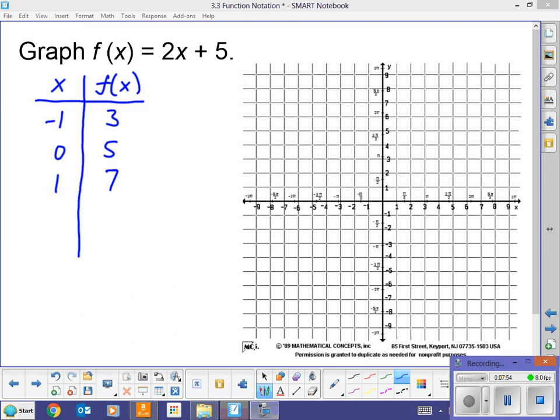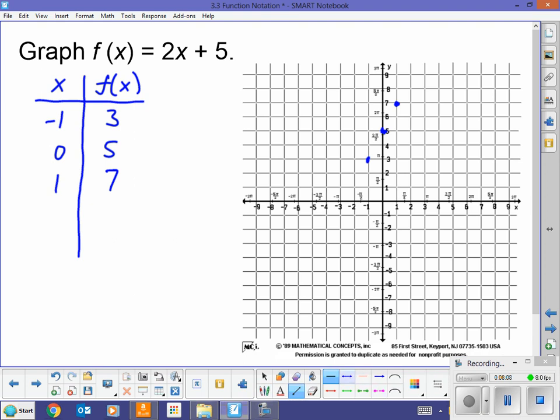So now I've got 3 ordered pairs here. -1, 3. 0, 5. And 1, 7. Those are my 3 points. And let me find a good line here to use. This looks like a good line.